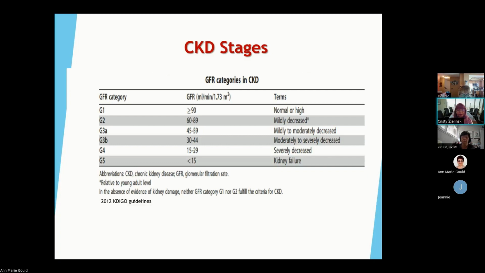And sometimes they'll say acute on chronic CKD, and acute on chronic CKD does not match up with acute on chronic renal failure, because we have different codes for those. So it's really important to clarify whether it's CKD or acute or chronic renal failure.